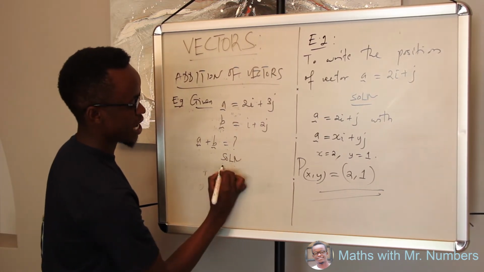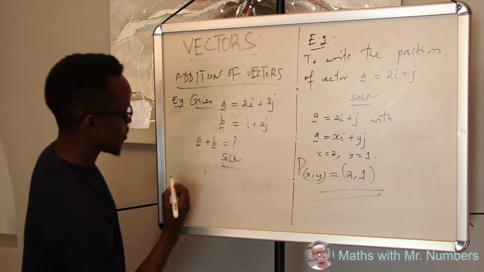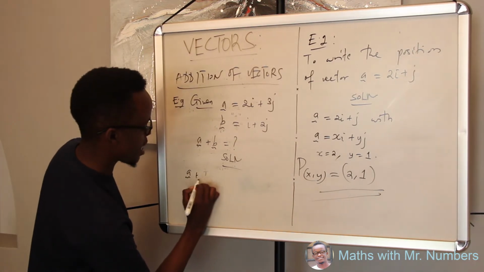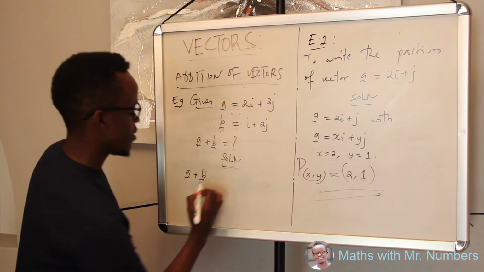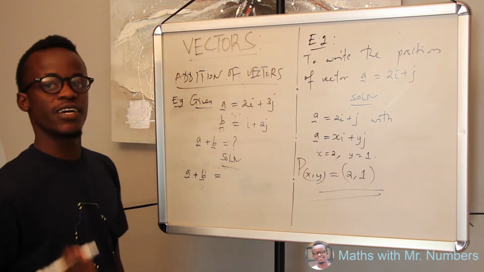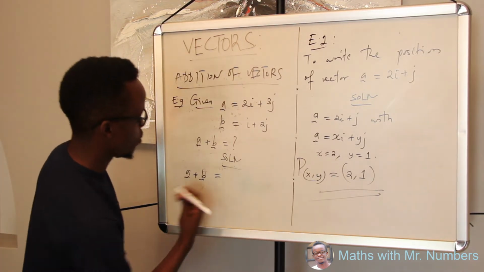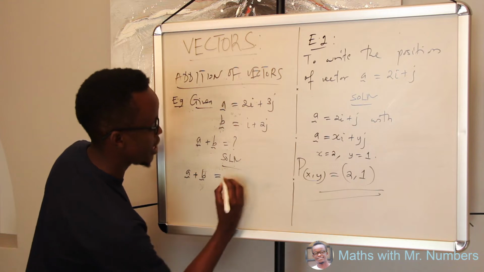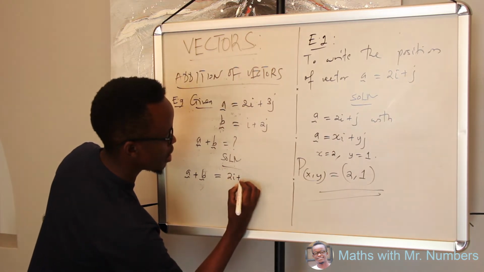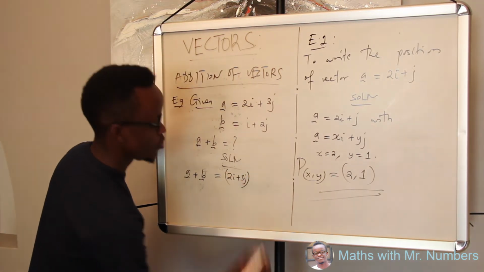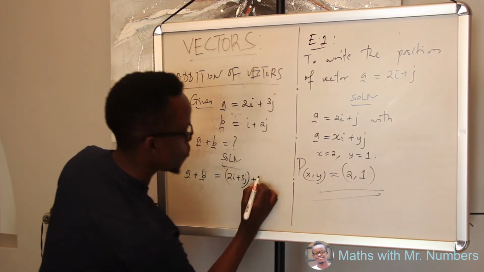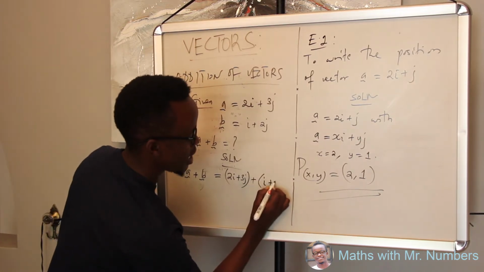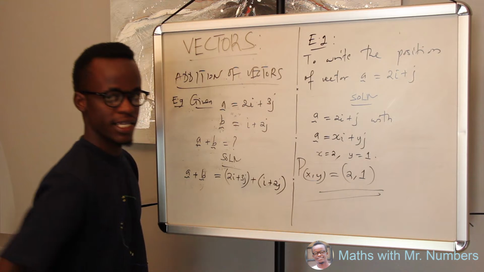Therefore, the solution of this kind of question is, you have to write vector A plus vector B, and you substitute the value of the vectors with brackets. Therefore, we write the value of vector A as 2i plus 3j, in brackets, plus vector B, which is i plus 2j, again in brackets.